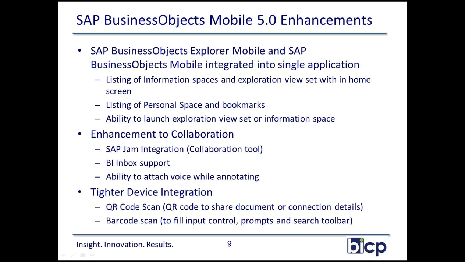The tighter device integration. So one of the things we're seeing with the proliferation of mobile devices is a lot of QR codes available. So the BusinessObjects Mobile 5 version, along with BI 4.1, now includes the ability to use QR codes in order to share a document.